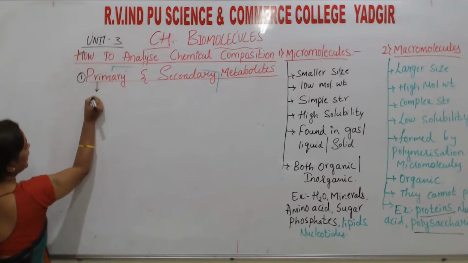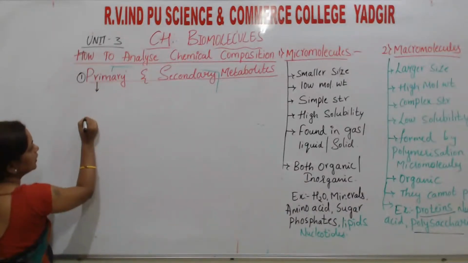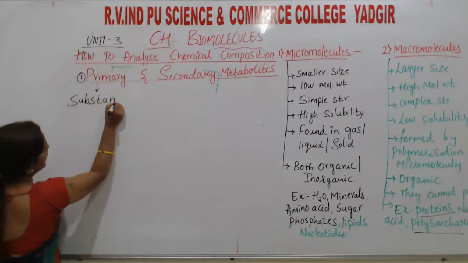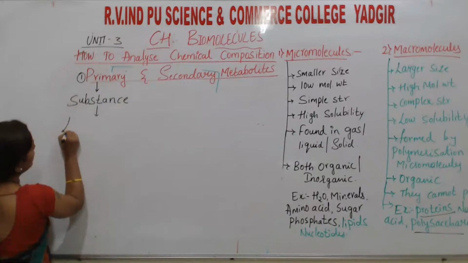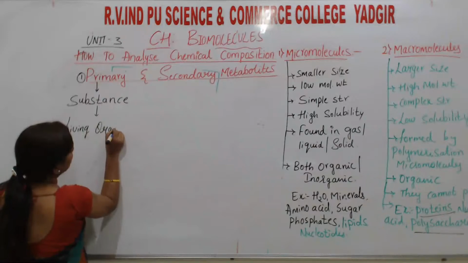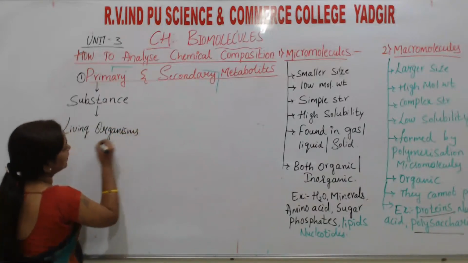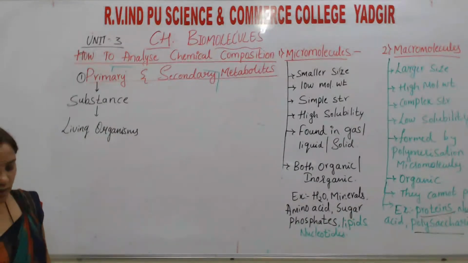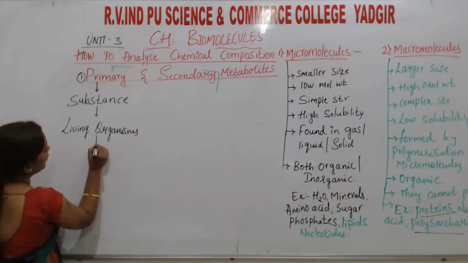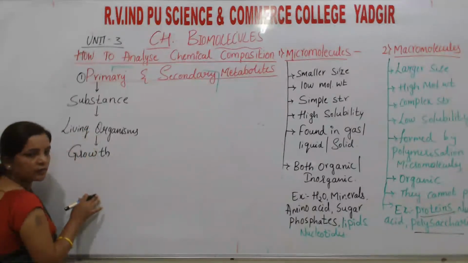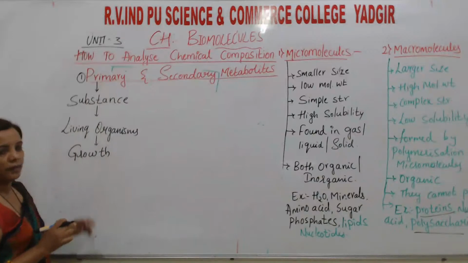Metabolites are any substances required by living organisms. Many substances are needed by living organisms. The substances that are required for living organisms for growth are primary metabolites.